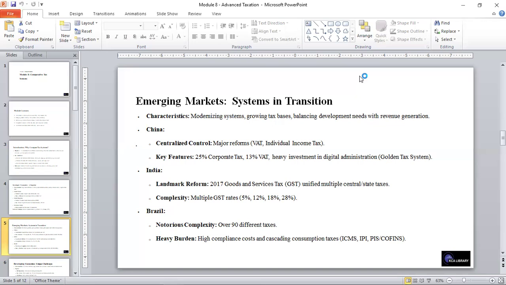And for Brazil, it's a notorious complexity with over 90 different taxes, and they are heavily burdened. There are high compliance costs and cascading consumption taxes as such.